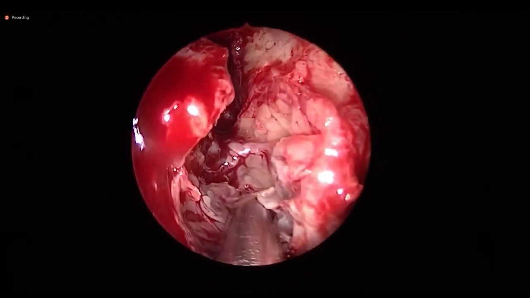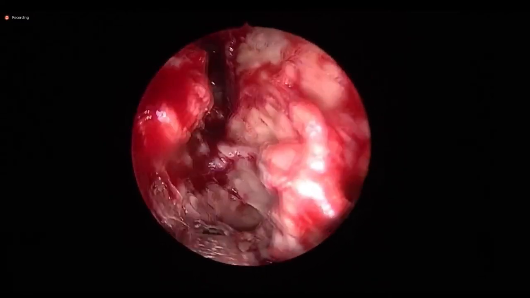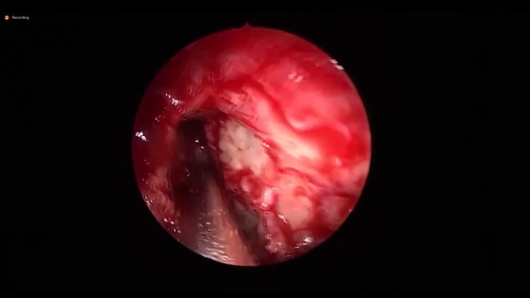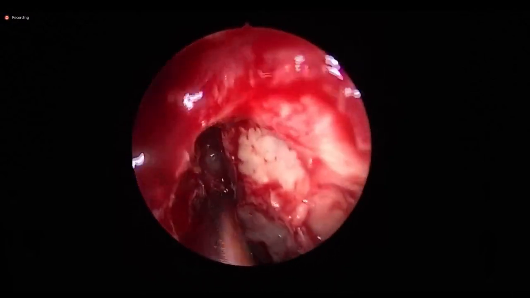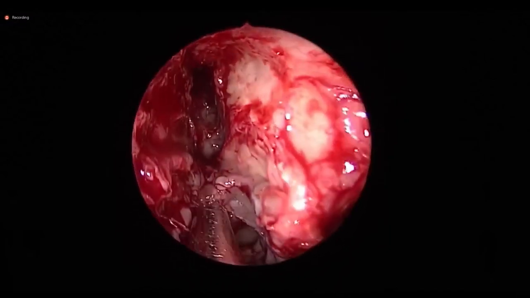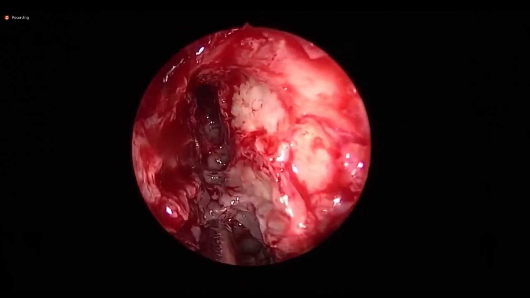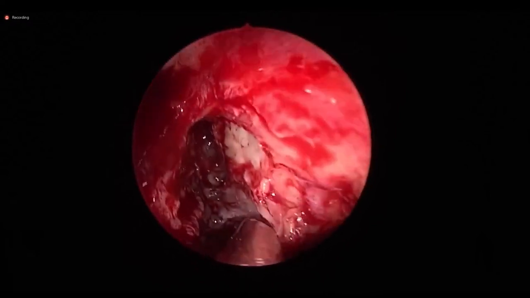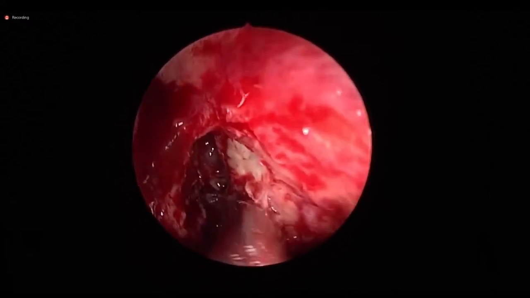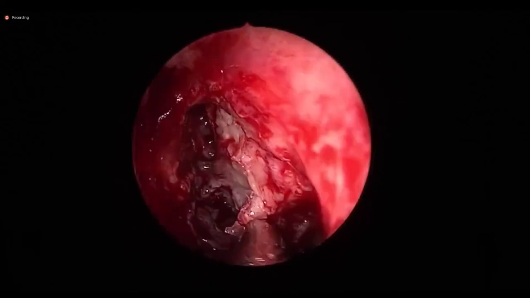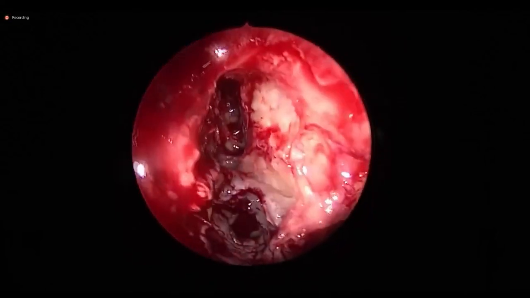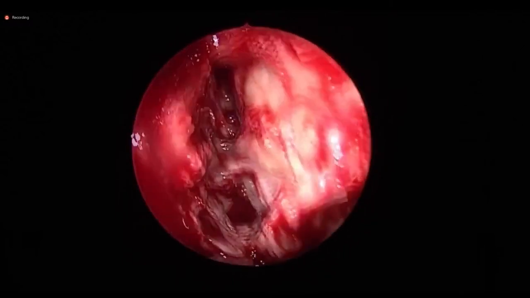See now the skull base behind. Sir, can you show us the anterior ethmoidal artery in this? Yes. See this. Keep skeletonizing the lamina for your orientation. This is the best landmark. See the lamina.